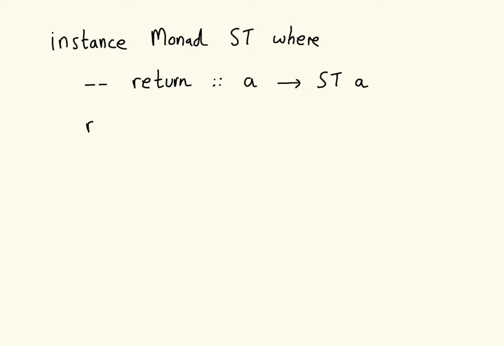So we can start to write the skeleton of the definition. Return is going to take a value x, and then it's going to build me a state transformer. And a state transformer always begins with the dummy constructor S, and then inside it's going to be a function which takes an input state, so I can build a lambda here, an input state s, and then it's going to return me a result value, we don't know what that is yet, and a possibly modified state, and we don't know what that is either.